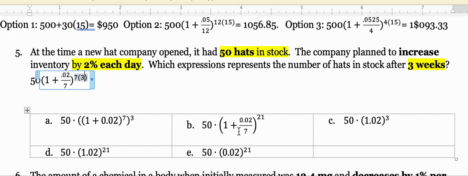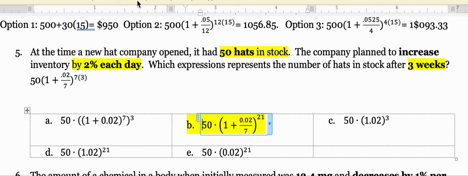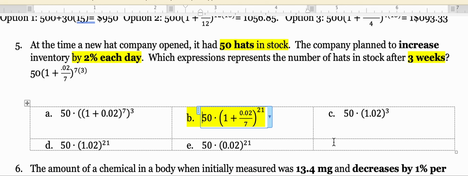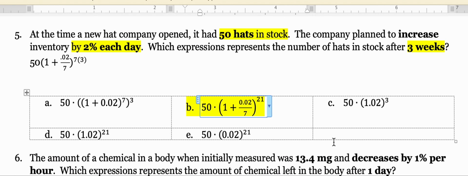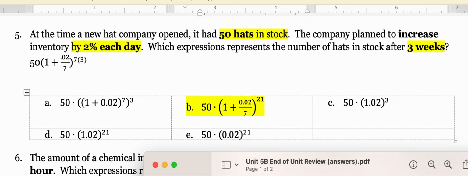Okay, so that's this one, right? 7 times 3 is 21. Let's check it out. And that's the only one I see that matches.